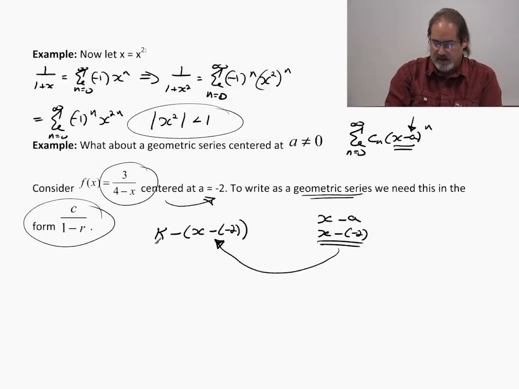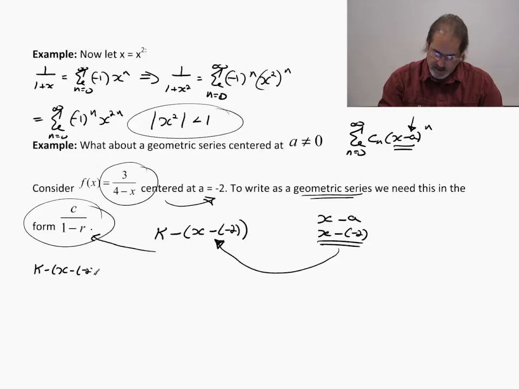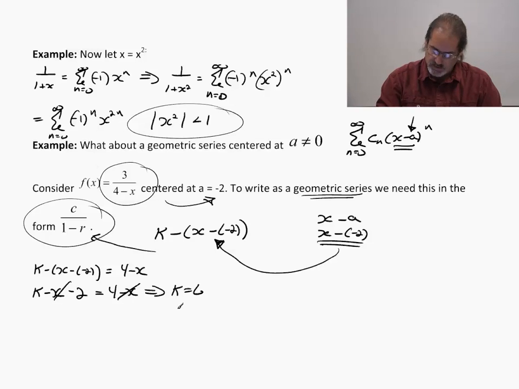And then I'm going to have some other constants so I can put it into this form. Well, that means really all I have to do is take k minus x minus a negative 2 and set it equal to 4 minus x. So I need to get it into this form. When I do, what do I get? I'll get k minus x minus 2, I have a triple negative, equals 4 minus x. Well, the x's cancel. So that implies that k equals 6.